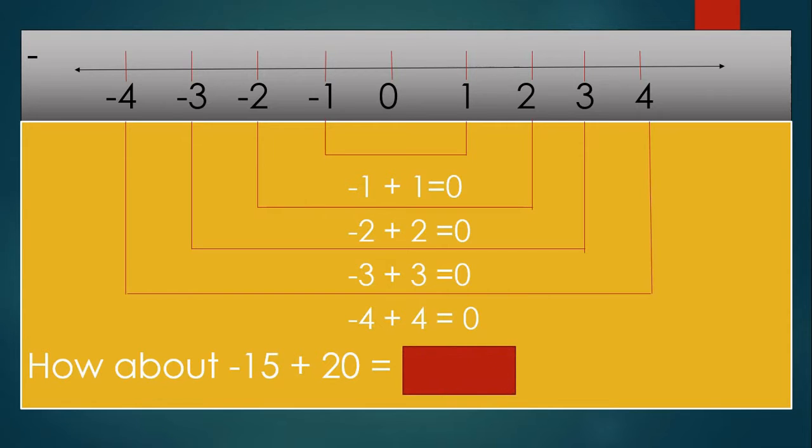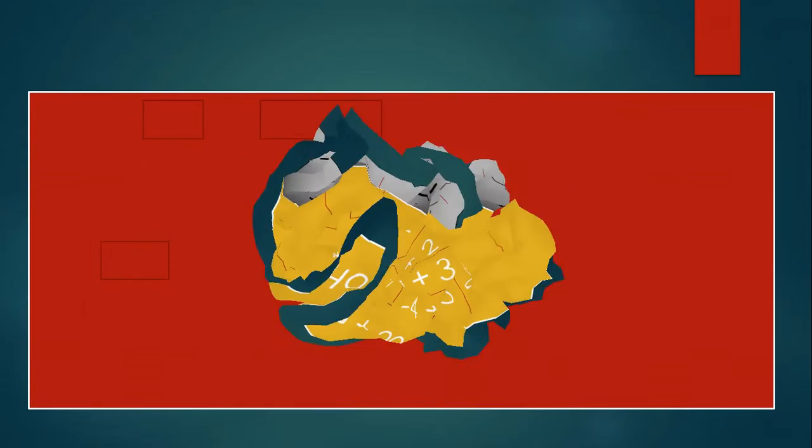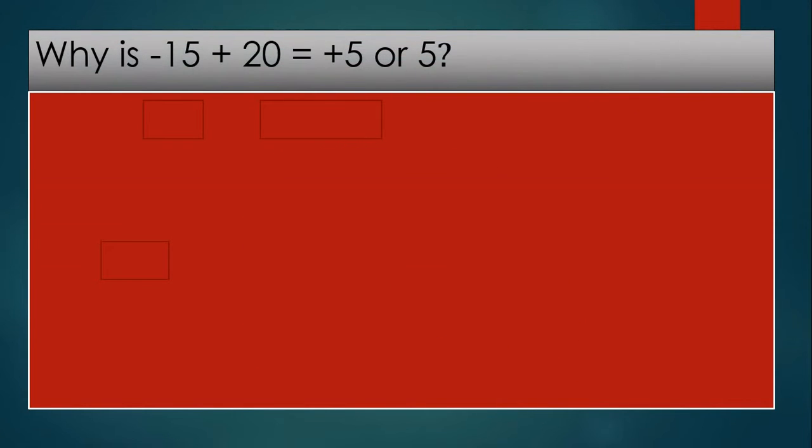The answer for this is positive 5. And how did I get positive 5? Let's proceed to the next example. Why is negative 15 plus 20 equal to positive 5? You can write positive 5 or just write 5, because it is understood that this is positive.